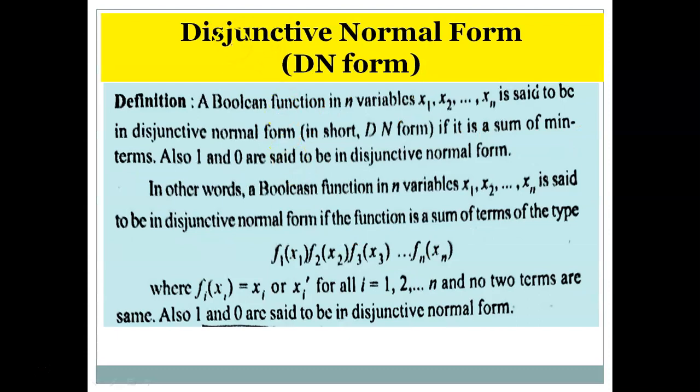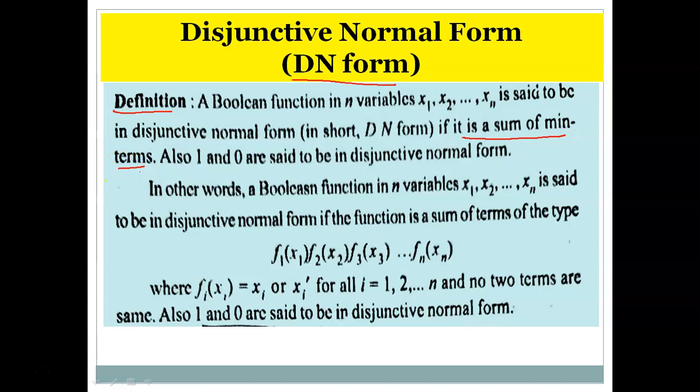Now the next definition is the disjunctive normal form, or in short we call it DN form. The definition of DN form is as follows. A Boolean function in n variables x1, x2 and xn is said to be in disjunctive normal form, or in short DN form, if it is, I emphasize this line, a sum of minterms.